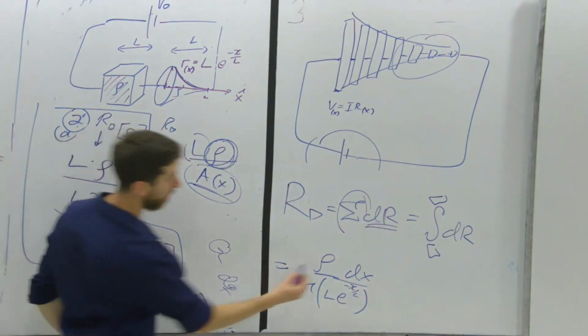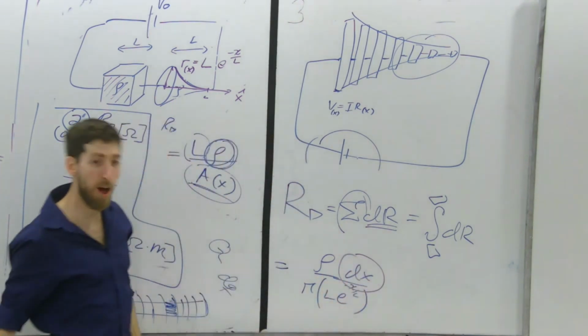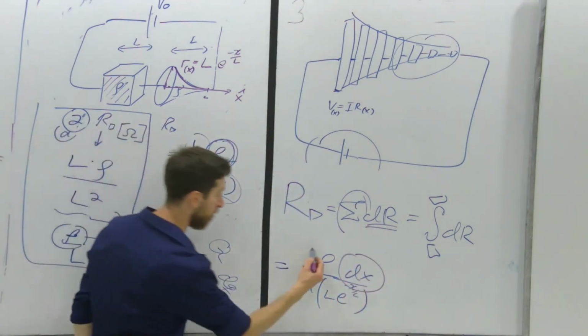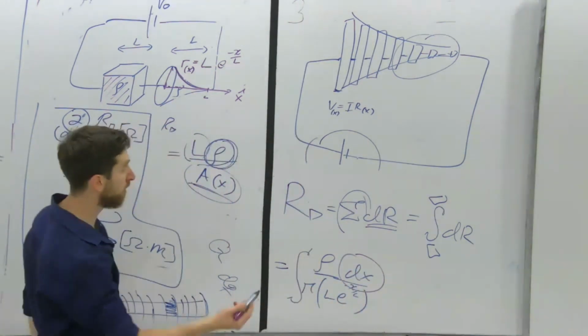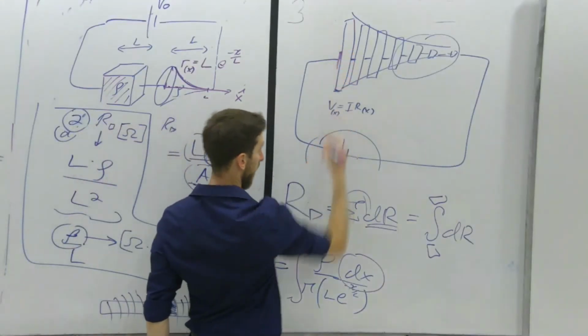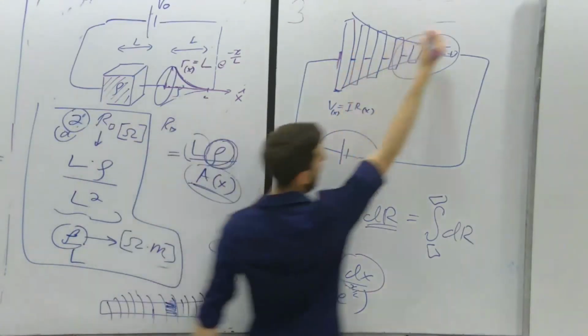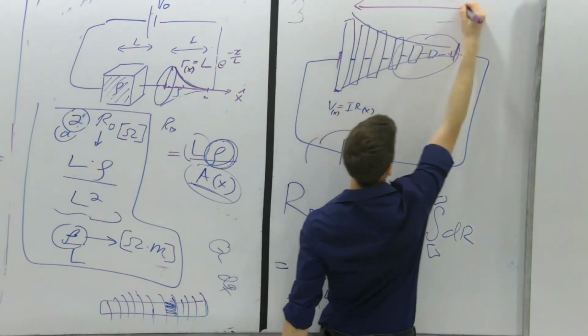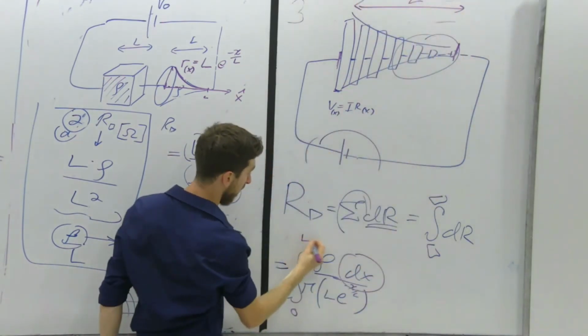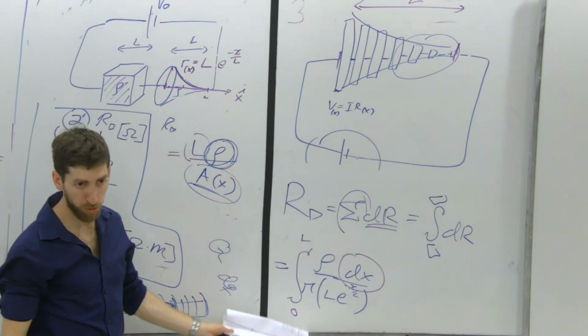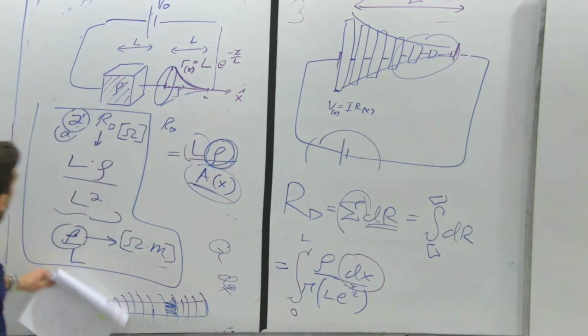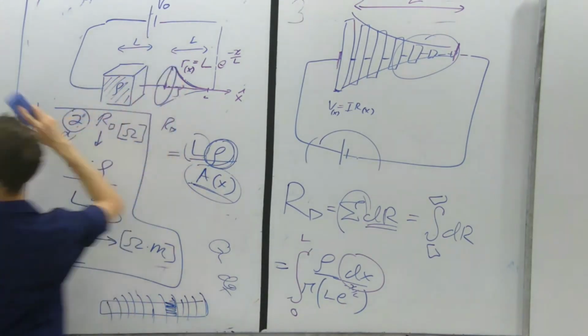So now in this language, I know how to represent the accumulation of resistors. I'm starting where? At 0. At 0, exactly, and end up at? Perfect, that's it, okay? So we need to do this integral.